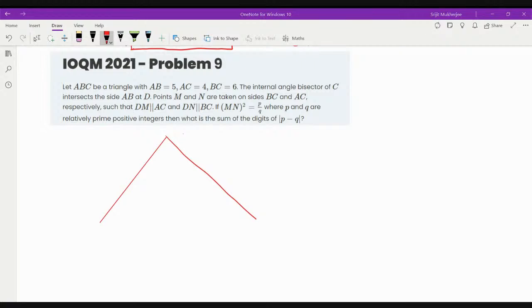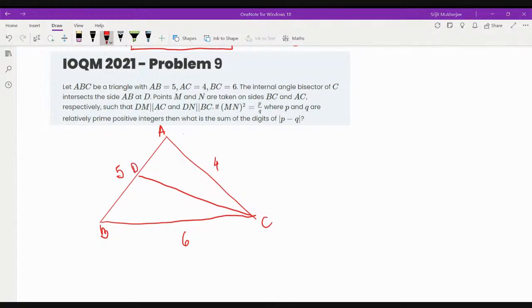Okay, and this is AC, this is BC. ABC over here. AB is equal to 5 and AC is equal to 4. Okay, and BC is equal to 6. Perfect. So we draw the internal angle bisector of C, which meets AB at D over here.